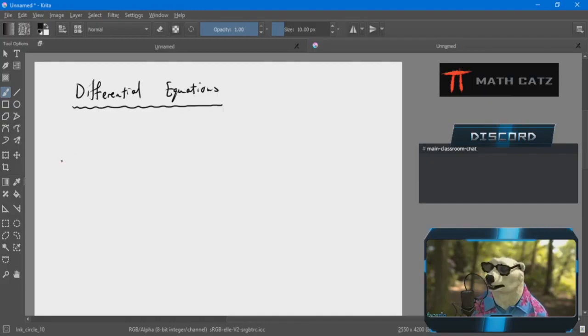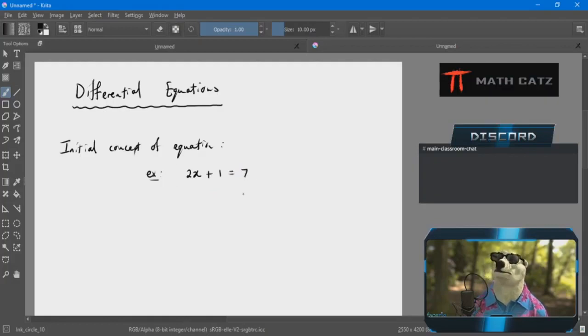So previously, in high school and earlier perhaps, your initial understanding of what an equation is has been something like, let's give something very simple, 2 times x plus 1 equals 7. That could come from a word problem or not, or just made up.